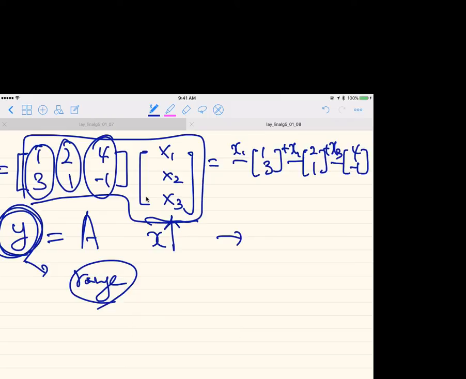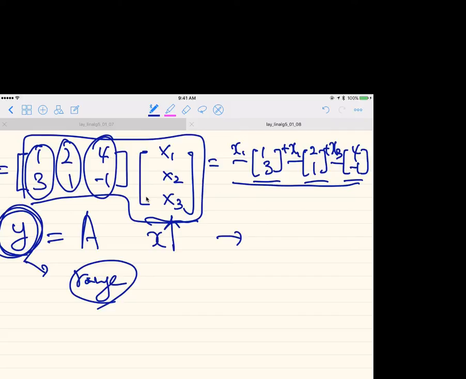And then we collect all the possible outputs that have this form, right? So that is basically defined as the span, right? So that is the same as the span of these three vectors, right?